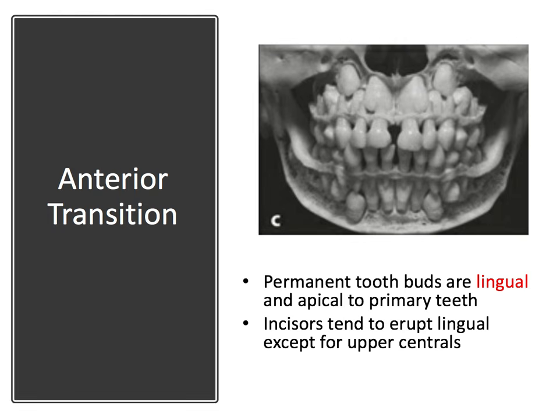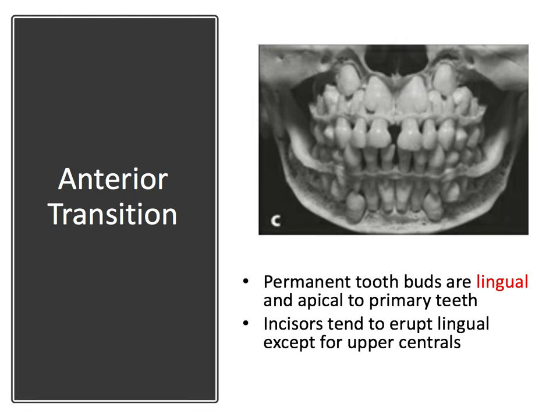Now, during this mixed dentition stage, we're having an anterior transition and a posterior transition. So let's talk about each of those separately. So in the anterior region, we have permanent tooth buds that are developing lingual and apical to their primary teeth. So the incisors are reflecting the position of their tooth buds.